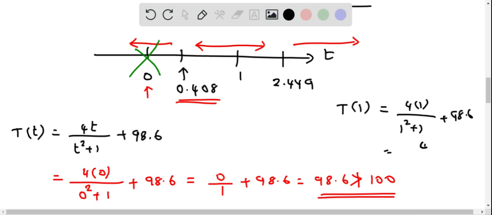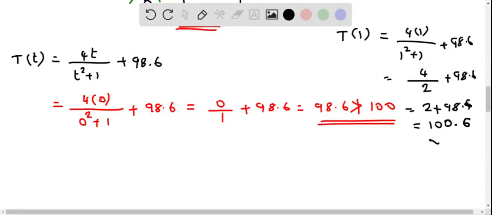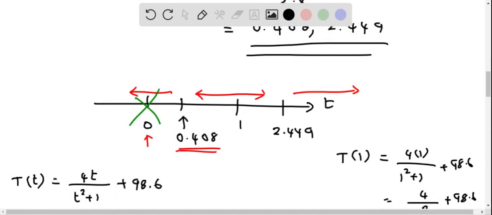So this reduces to 4 divided by 2, which is 2, plus 98.6, and this is 100.6, which is clearly greater than 100. So we can say that it lies between the interval 0.408 and 2.449.